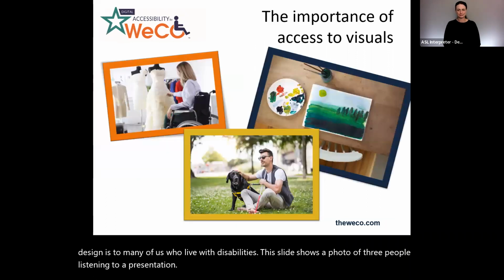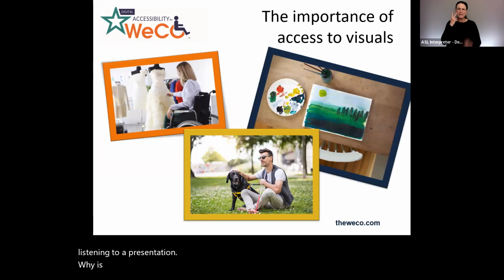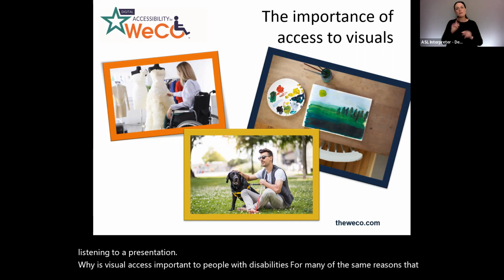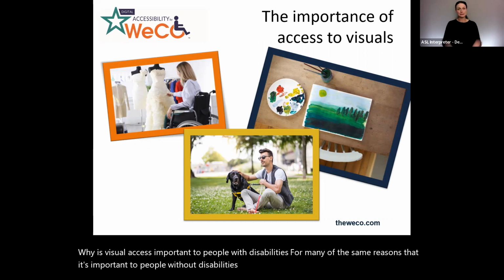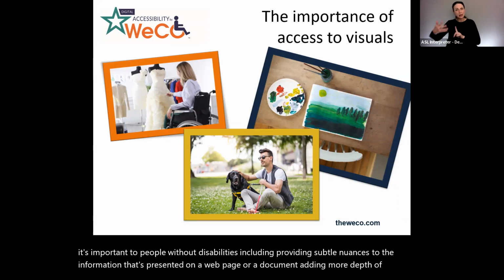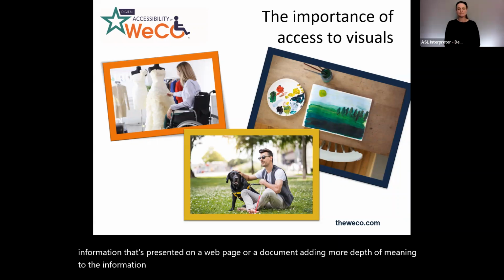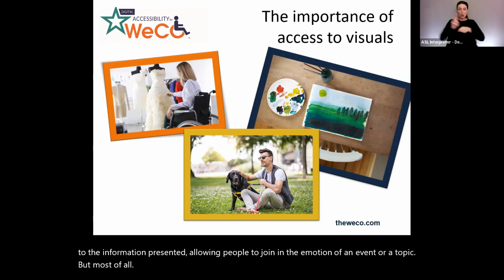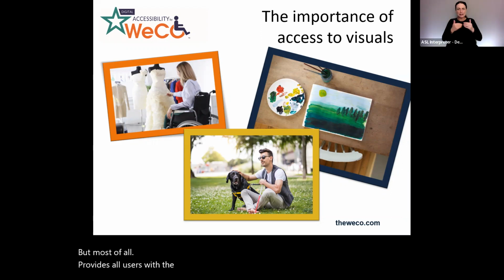Why is visual access important to people with disabilities? For many of the same reasons that it's important to people without disabilities, including providing subtle nuances to the information that's presented on a web page or a document, adding more depth of meaning to the information presented, allowing people to join in the emotion of an event or a topic, but most of all, it provides all users with the same information, regardless of ability level, and that creates inclusion.